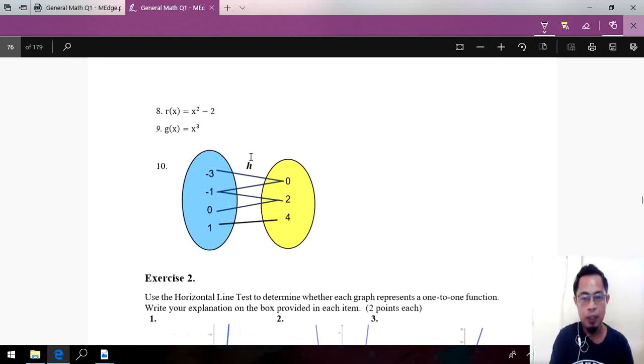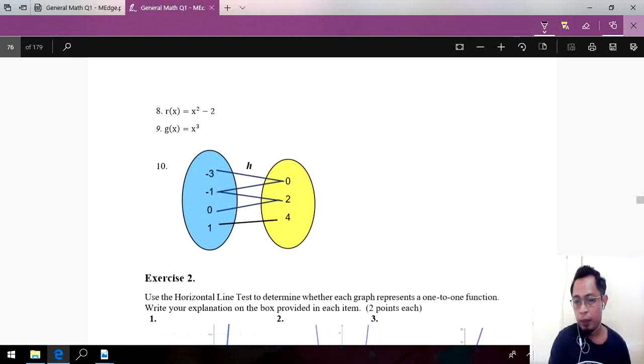So you would notice now that here we have negative 3 and negative 1 mapped into the same value in the range. Another is negative 1 again, and 0 is being mapped to only one value in our range. So what do we mean by that? We can say now that that one is not a one-to-one function. Okay? So you can check that one later on.